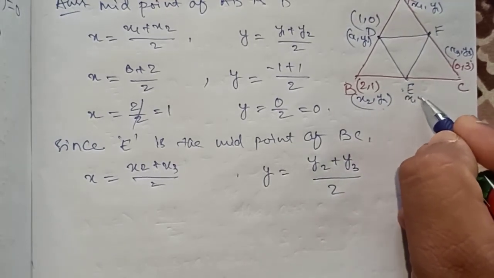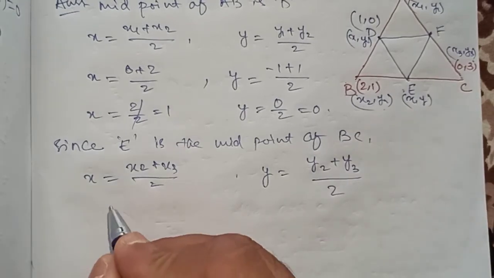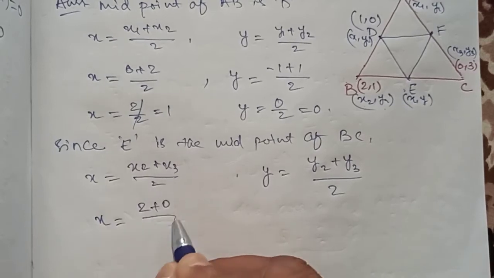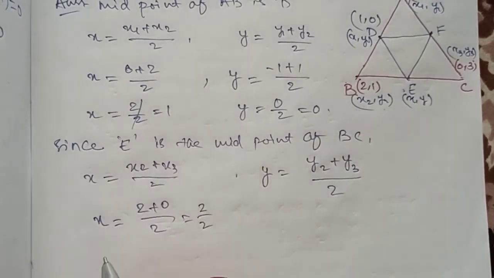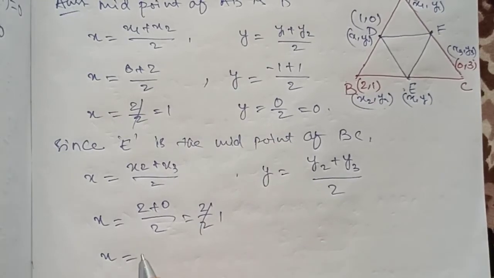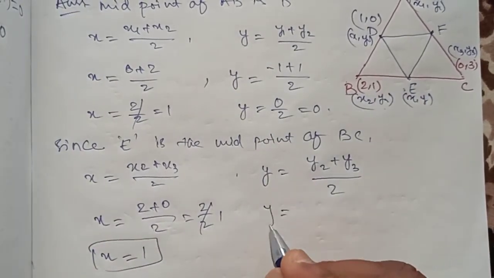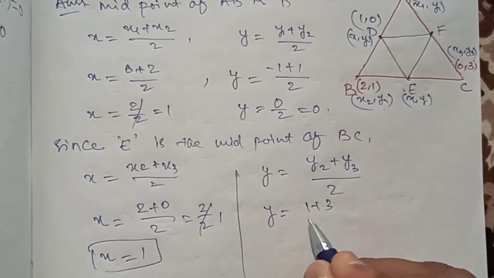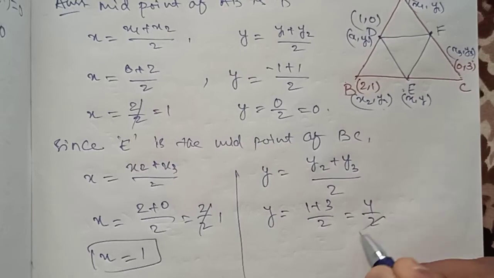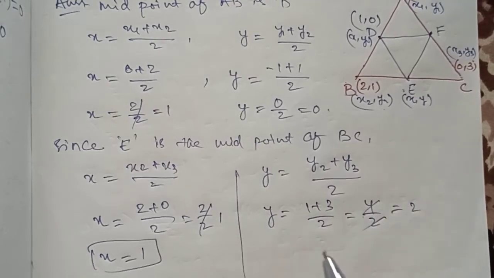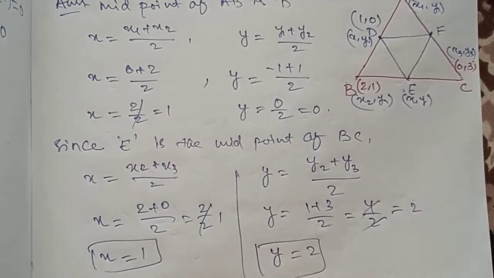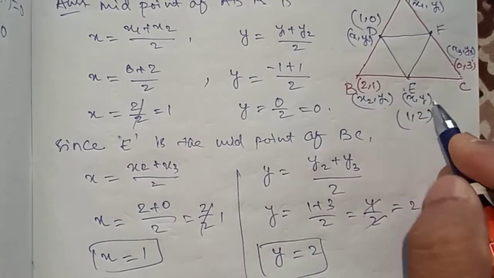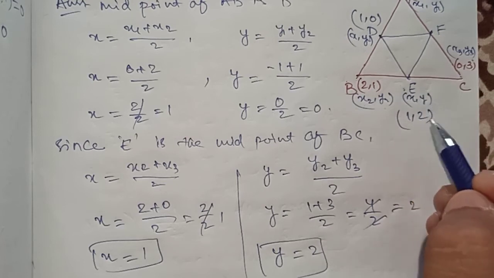This one we will mark as x and y. Substitute the values. x equals 2 plus 0 by 2, that is 2 by 2, so x equals 1, and y equals y2 plus y3, that is 1 plus 3 by 2. 1 plus 3 is 4, 4 by 2 is 2, so y equals 2. So the values of x and y we got are 1 and 2. The coordinate of E is 1 and 2.